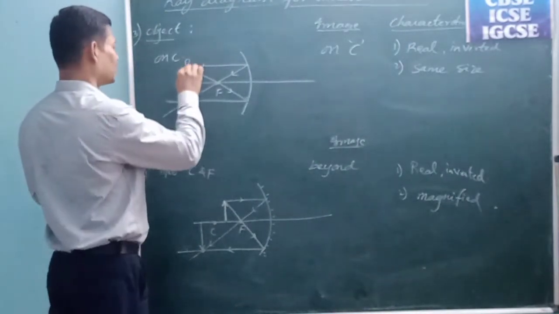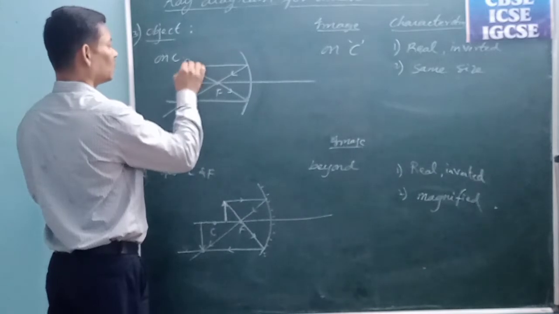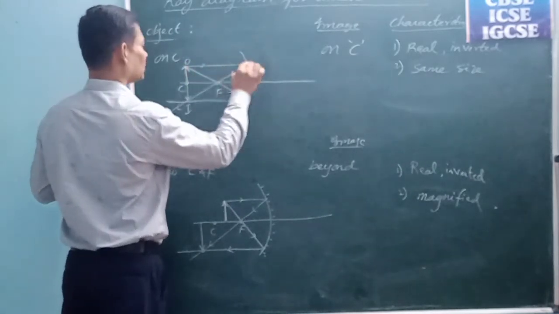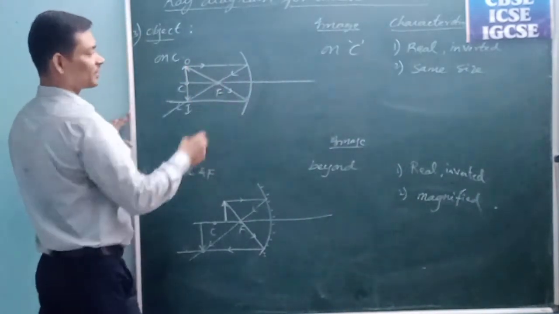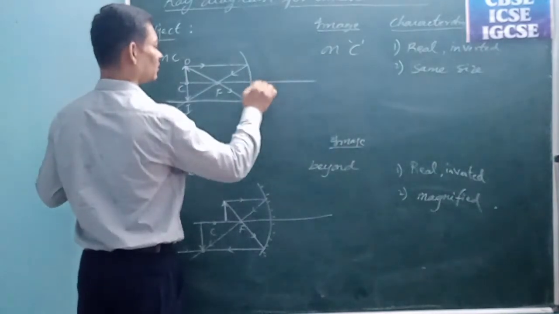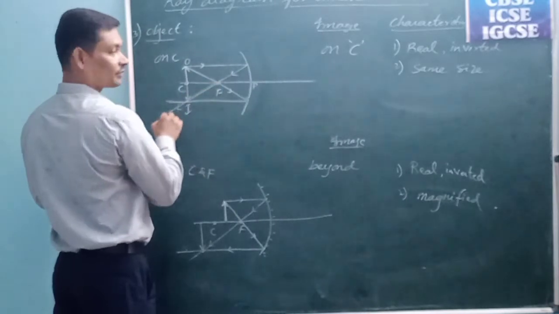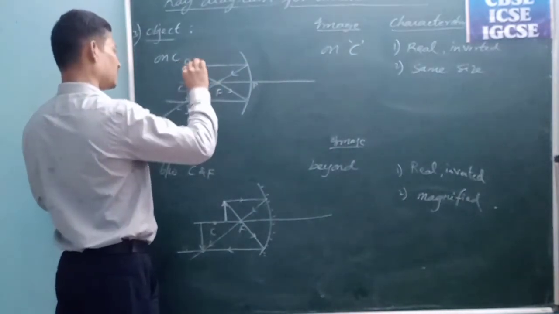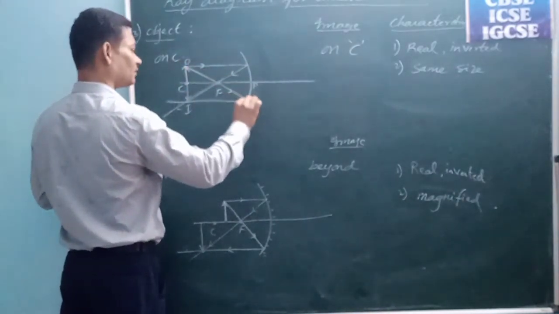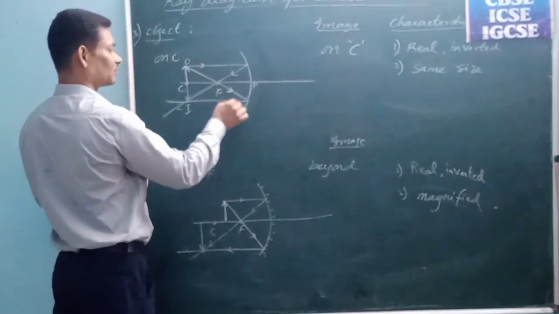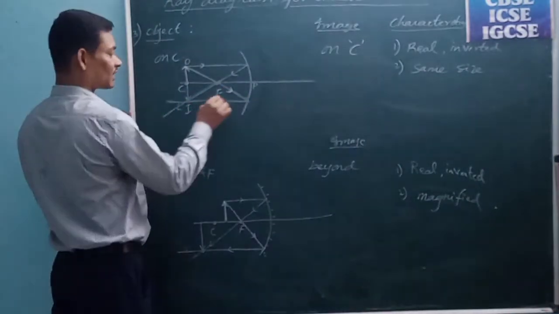Here, when the object is on C, I took the first light ray parallel to the principal axis, and after reflection it is passing through F. And here the second light ray is passing through F. After reflection it is parallel to the principal axis.